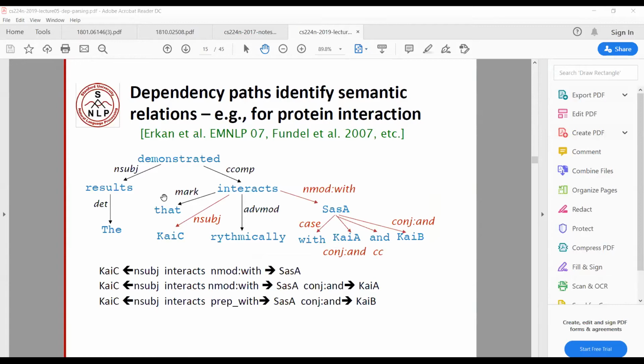It would be nice to have the actual phrase that he's taking apart, but this is how he's taking apart a phrase. The results demonstrated that KIC interacts rhythmically with KIA and KIB. This is like a protein chemist.